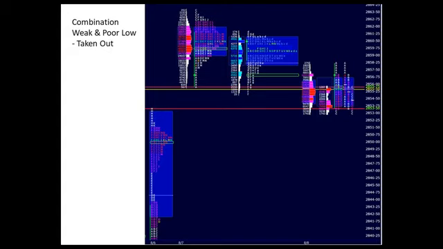The chances of seeing upside continuation without cleaning up that combination: it's a weak low and it's also a poor low. And remember, it's a poor low because there are no single prints. Now, on this particular day, it was a very interesting day, and again, it's another great nuance for you to appreciate.